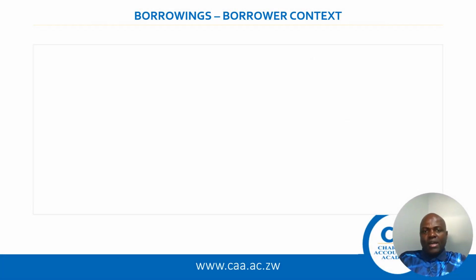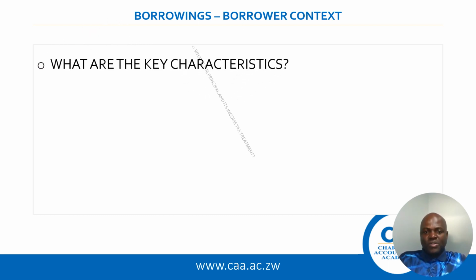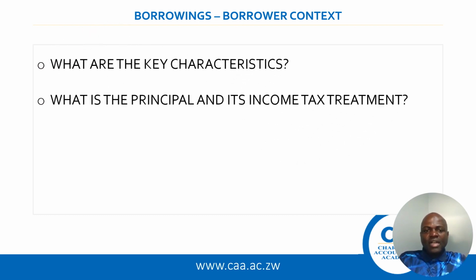Let's look at the borrower. The borrower's context is that they received an amount. So that's the critical characteristic of the loan principal. You have to apply gross income elements to the principal when it was received and conclude whether it is capital or not, so that you know whether it is gross income or not.